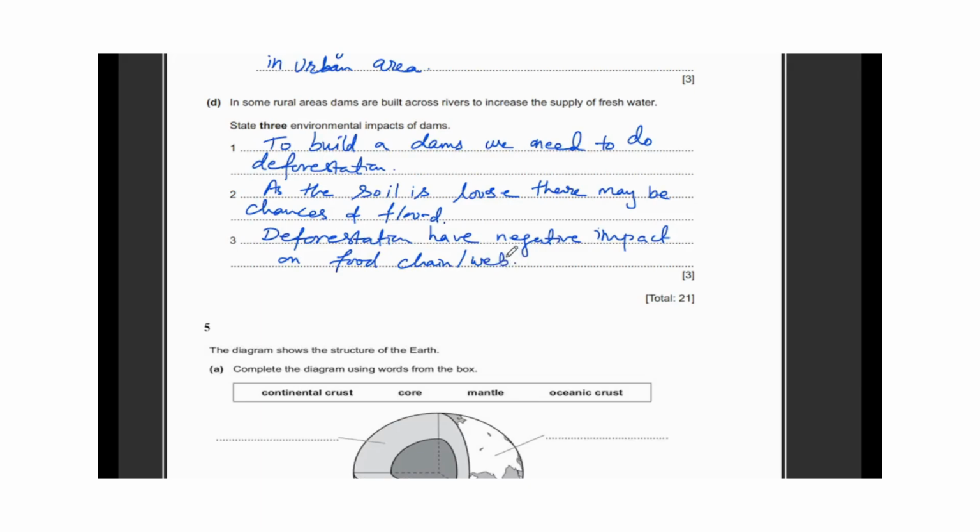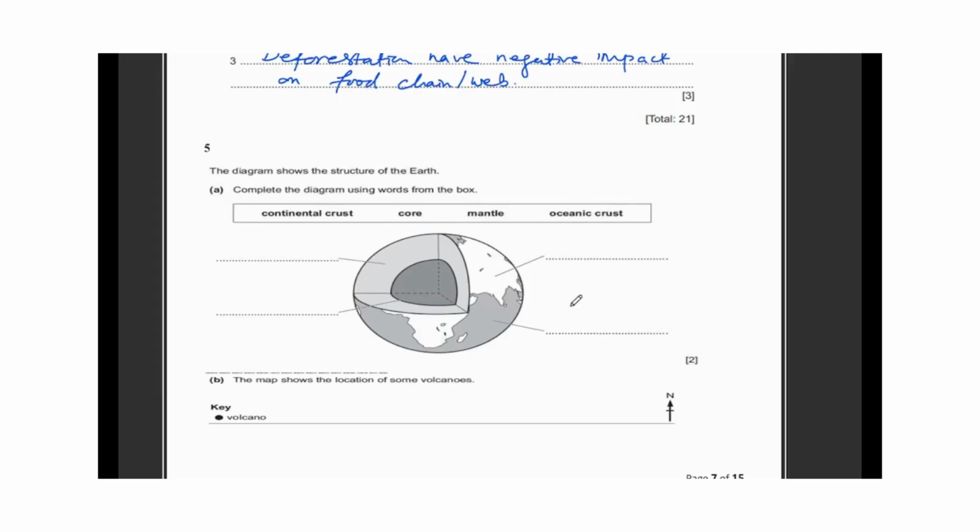This is what we have as the answer here. Next one, the diagram shows the structure of the earth. The fifth question here: complete the diagram by using the words. Now the first one, let's say the first chapter. So what is this one? The top and internal one. This is the core. So we'll find out the simple thing first. Next one is the mantle, the second layer. Where is our crust?